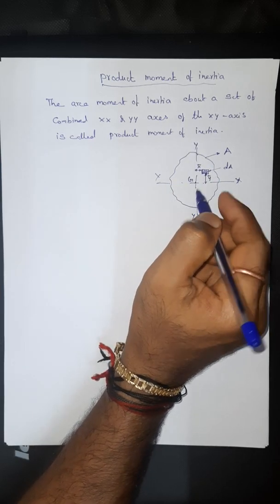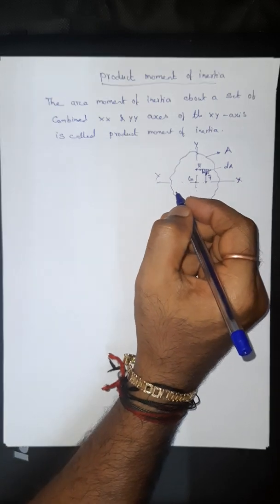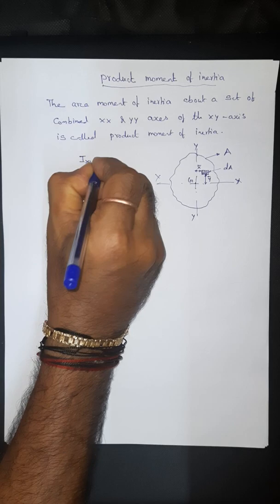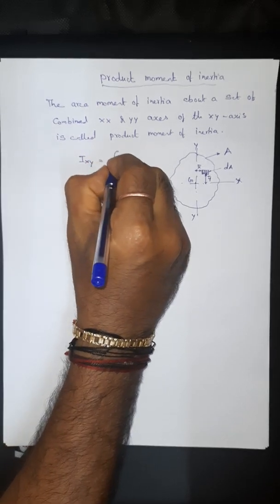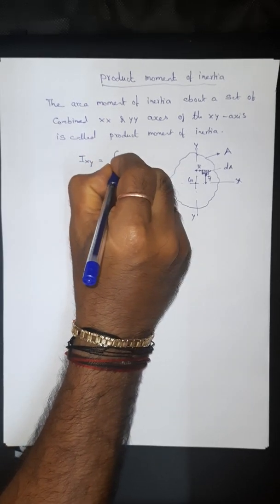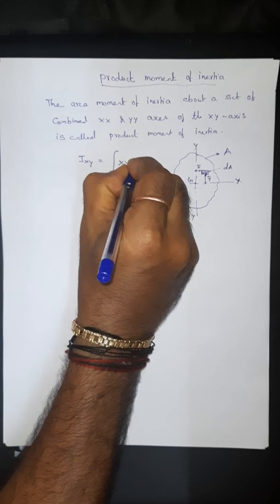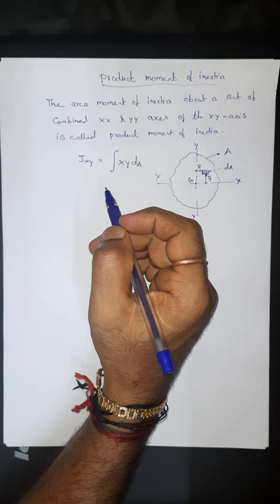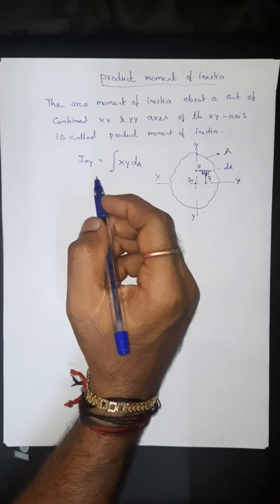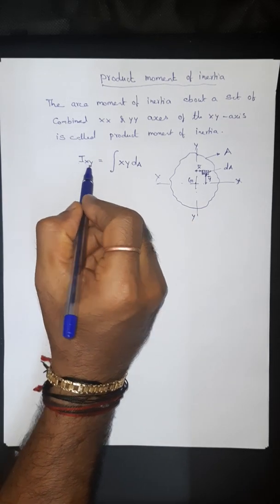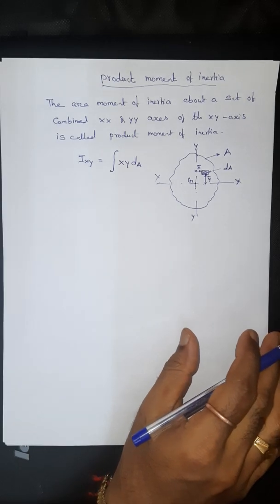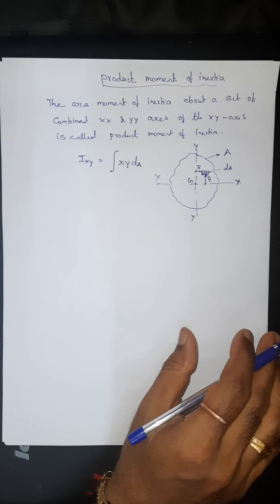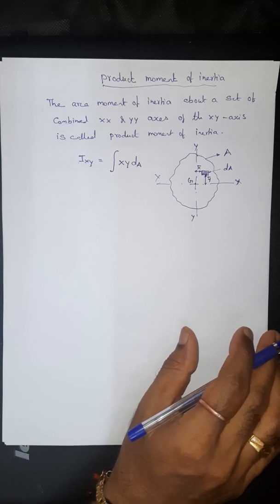Therefore, for the whole area, Ixy is equal to the integral of xy dA. So the product moment of inertia is denoted by Ixy, and the unit is mm power 4 or centimeter power 4 or meter power 4, right?